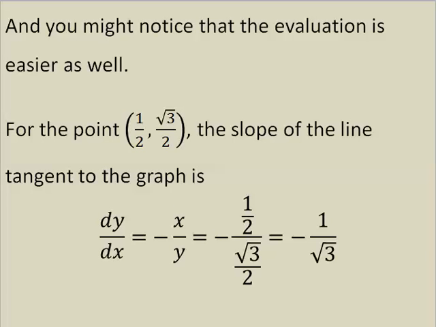Instead of x, I put in 1/2. Instead of y, I put in radical 3 over 2. And I get -1 over radical 3. Now I forgot to rationalize my denominator, but I could rewrite this as radical 3 over 3.